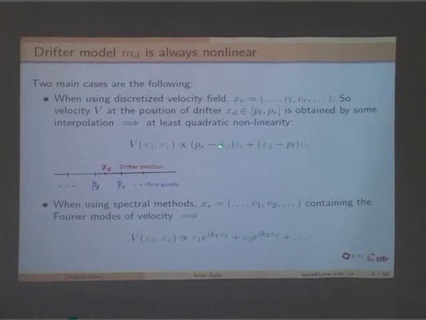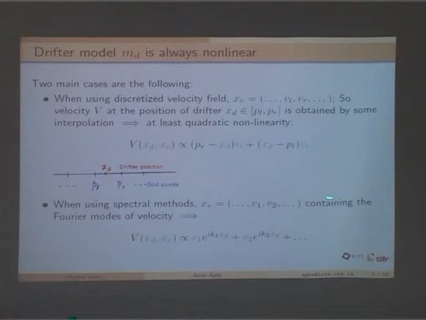And xt is part of the state vector. xv, which is VL and VR, is also part of the state vector, so you get a quadratic nonlinearity in this case. If you do higher order interpolation, you could get higher order nonlinearities, but you have at least quadratic nonlinearity for sure in the interpolated velocity. Same thing happens for the spectral methods.